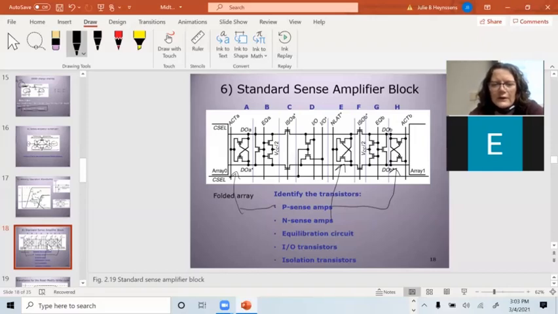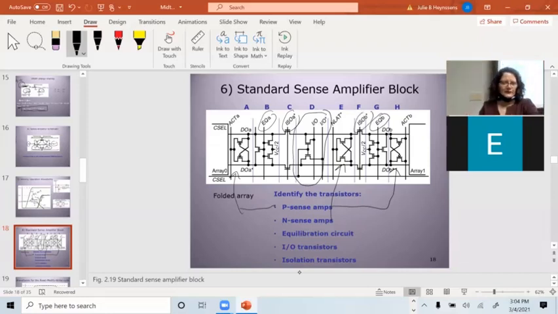The equilibration circuit is the one labeled EQA and EQB. It's just two halves of it so that if one of them fails, the other one will work. That's one reason for that. The other thing is you get a little stronger, a little faster signal with 2 of them in there. The IO transistors are right here. They're labeled IO. And the isolation transistors are right there.